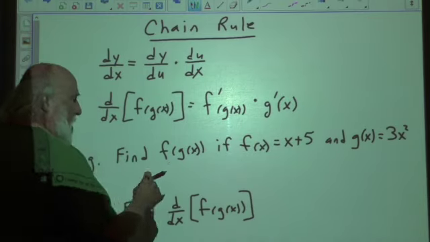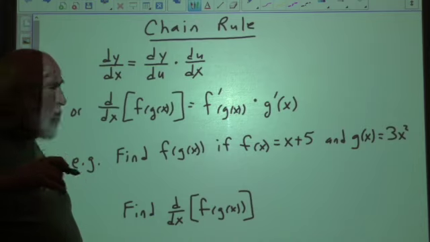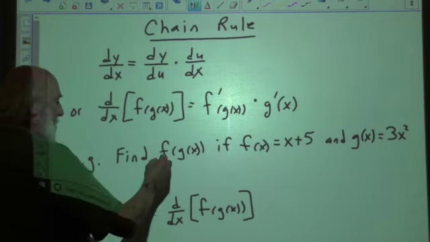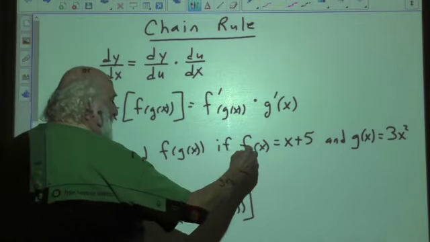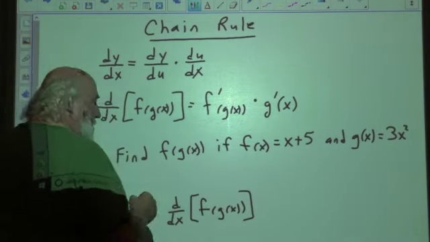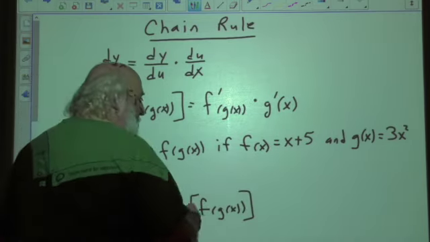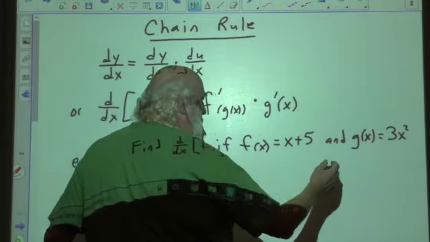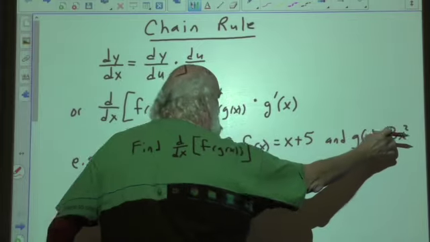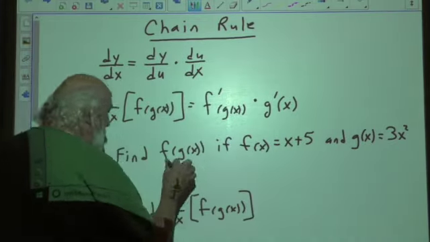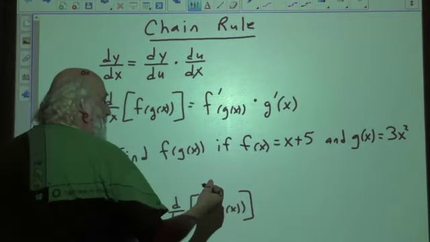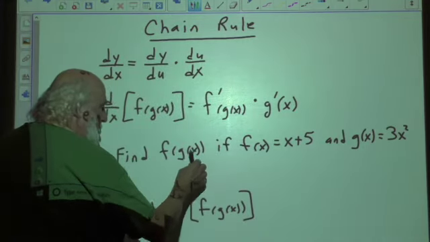In this case here, and this is kind of a refresher as to what they mean by f of g of x. In the case of finding f of g of x, if f of x is x plus 5, and so this is the main function, and g of x is 3x squared. Well, if g of x is equal to 3x squared, then we're going to put 3x squared right here.